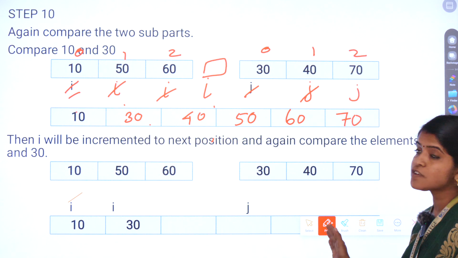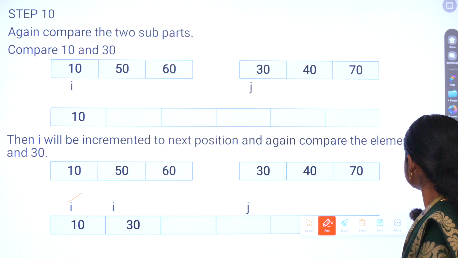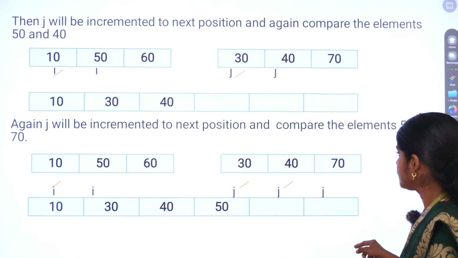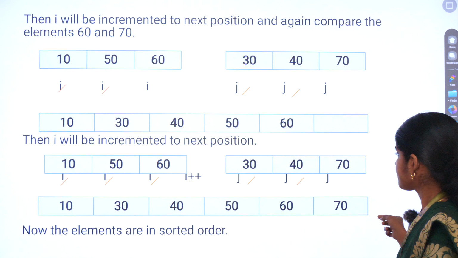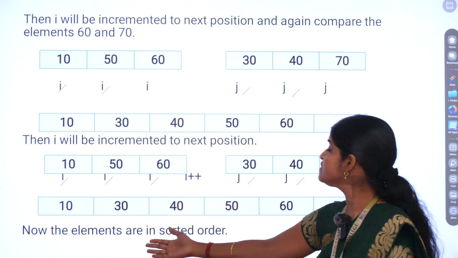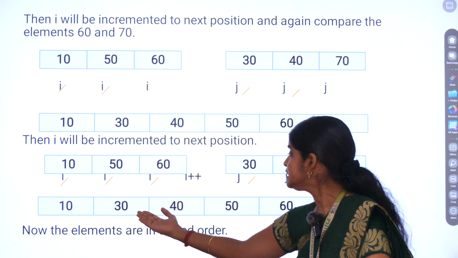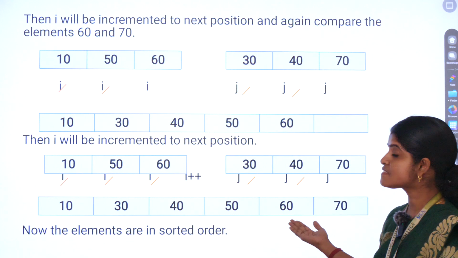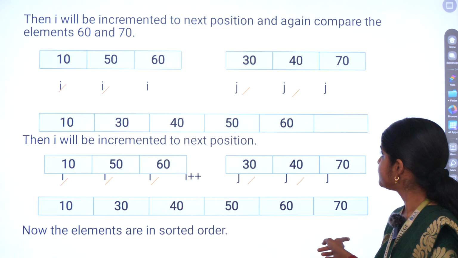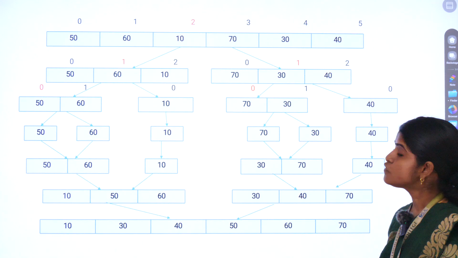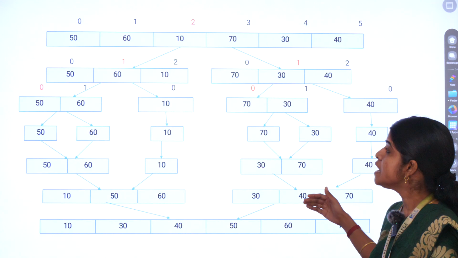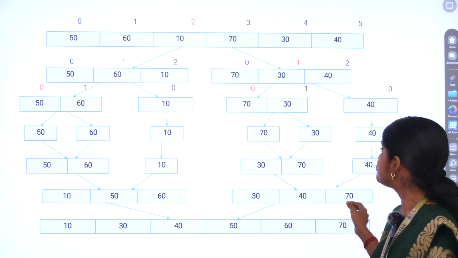So this is the process of merge sort. Now the elements are in sorted order as 10, 30, 40, 50, 60 and then 70. So this is our whole process of merge sort which I explained before.